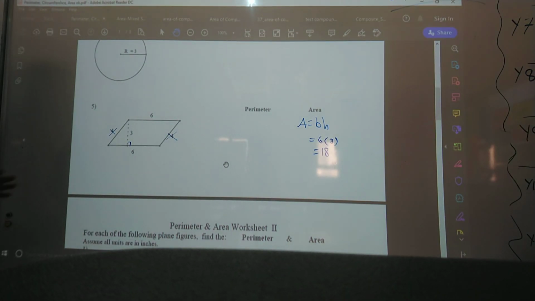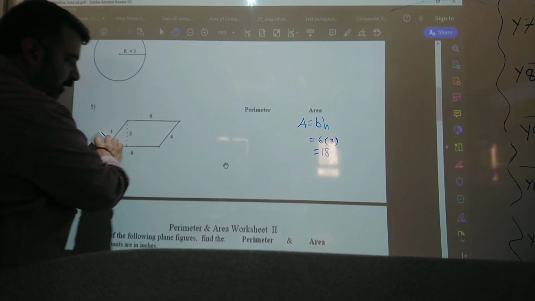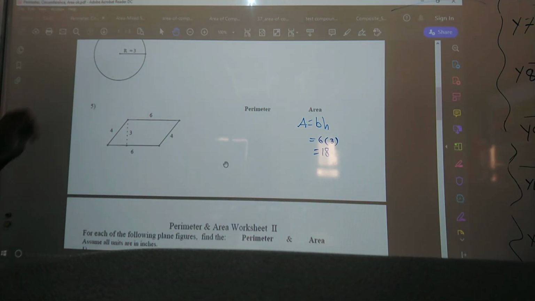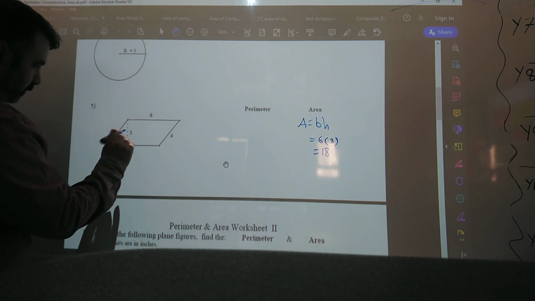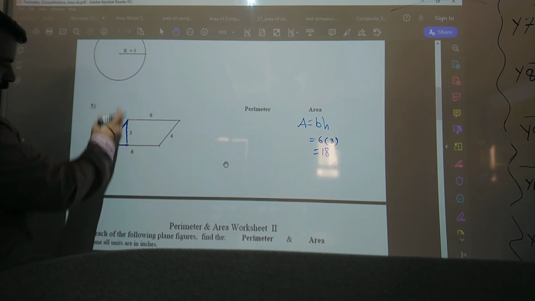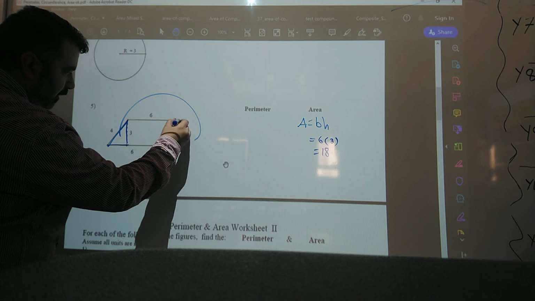Do you understand how to find the area of the parallelogram? Okay, what if you needed a proof to show that the parallelogram formula is the same as the rectangle. So, okay, watch this. Let's say I want to cut this area and place it here. Are you with me?